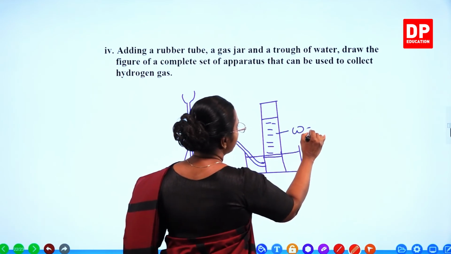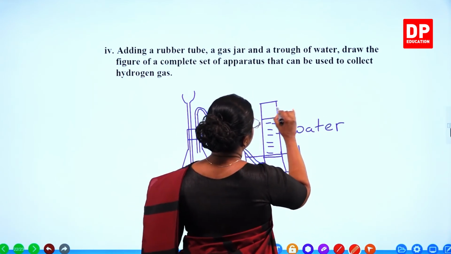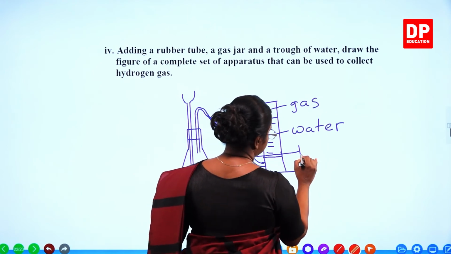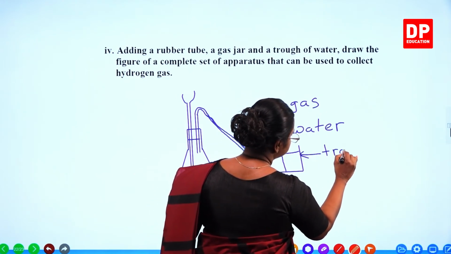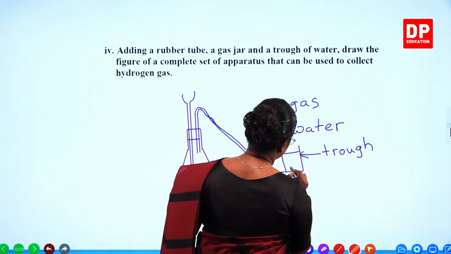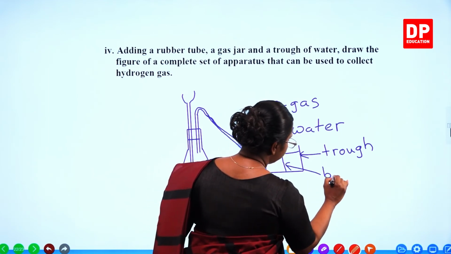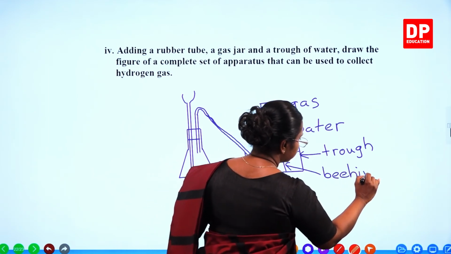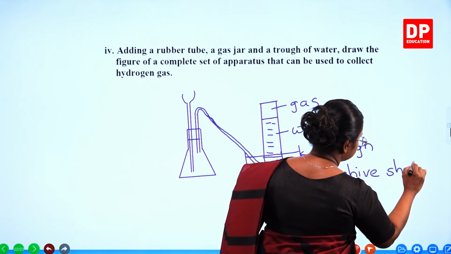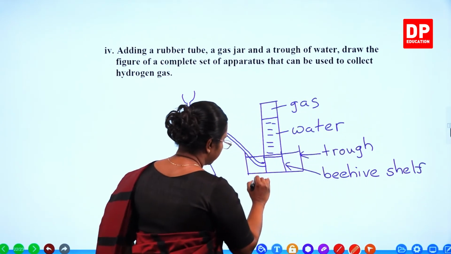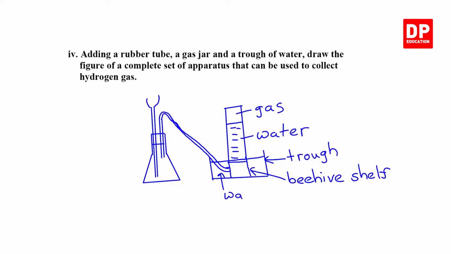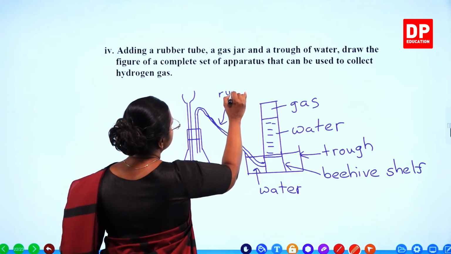So this is water, this is the gas, we have the trough, then we have the beehive shelf, and there is water here also, and this is the rubber tube.